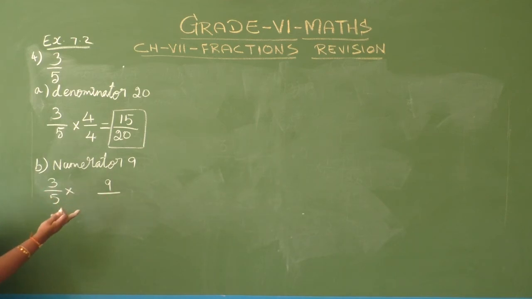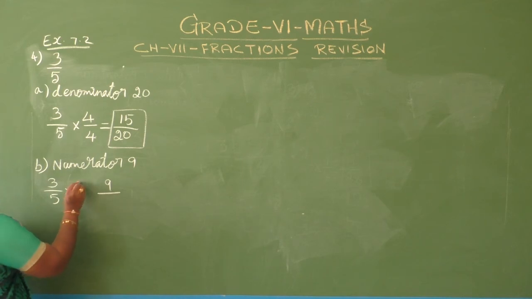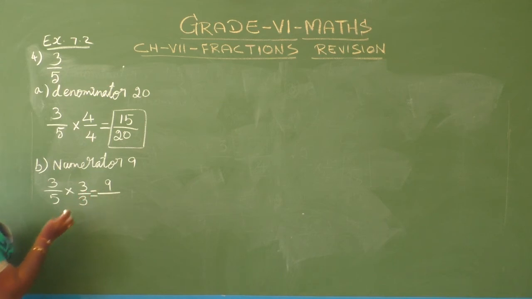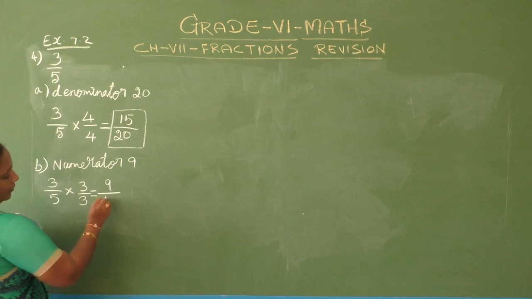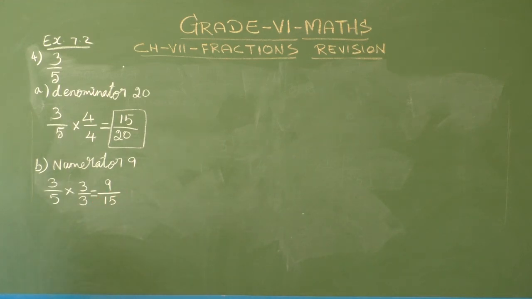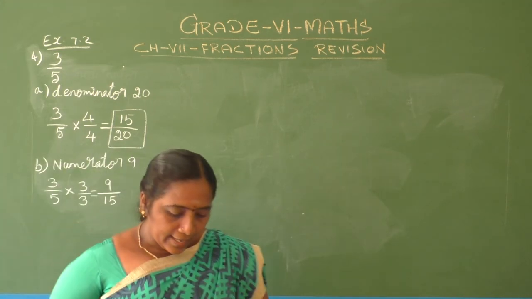So how many 3s are 9? 3 3s are 9. So 3 by 3 equivalent means numerator and denominator both sides we have to multiply by the same number only. So here also 3 5s are 15. That's all we find out. Okay? Right. Then, shall we go to the next Roman?